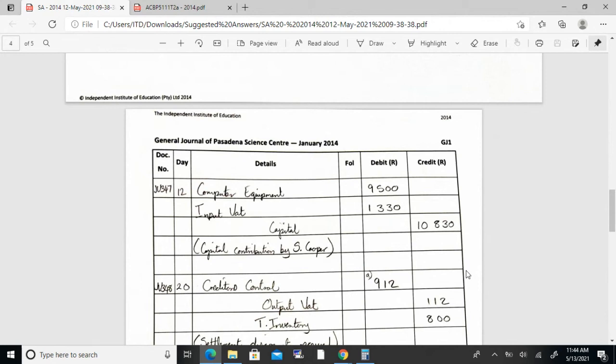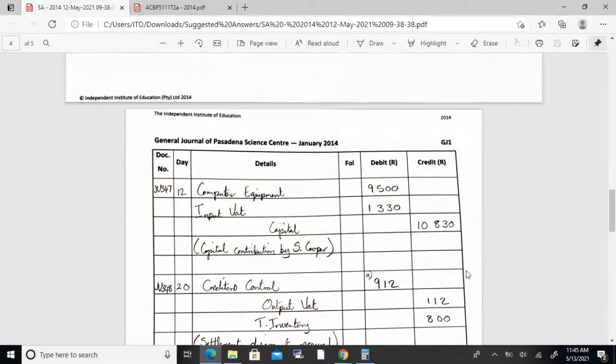There's only two questions, it seems, in this paper. And if you look under the required, it's on top of page 7. Use the relevant totals from those given above to complete the posting of the journals to the following general ledger accounts at the end of January 2014.